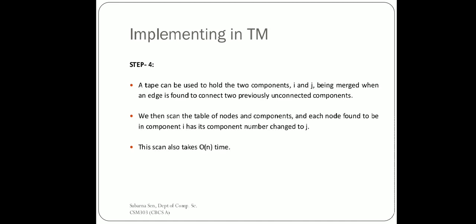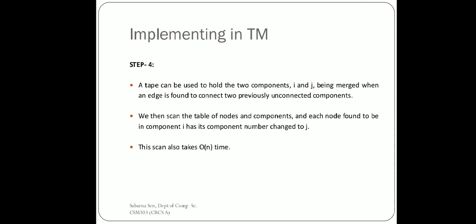Now a tape can be used to hold two components i and j, meaning the starting vertex and the ending vertex, when an edge is found to connect previously unconnected components. So we are connecting between them.